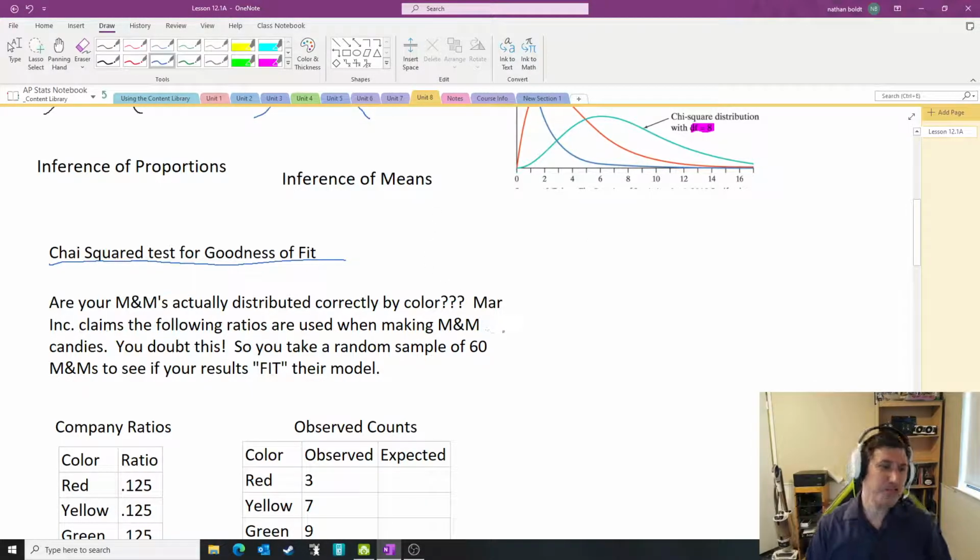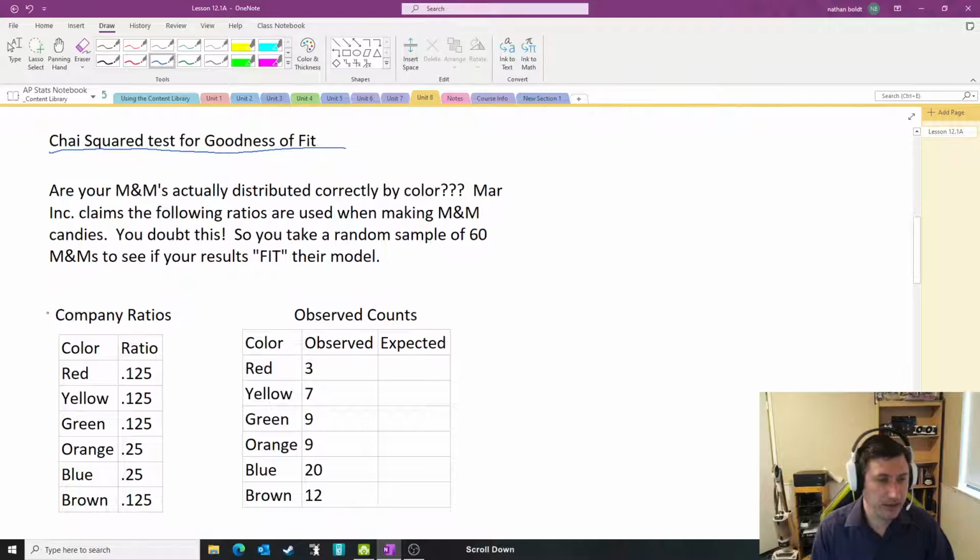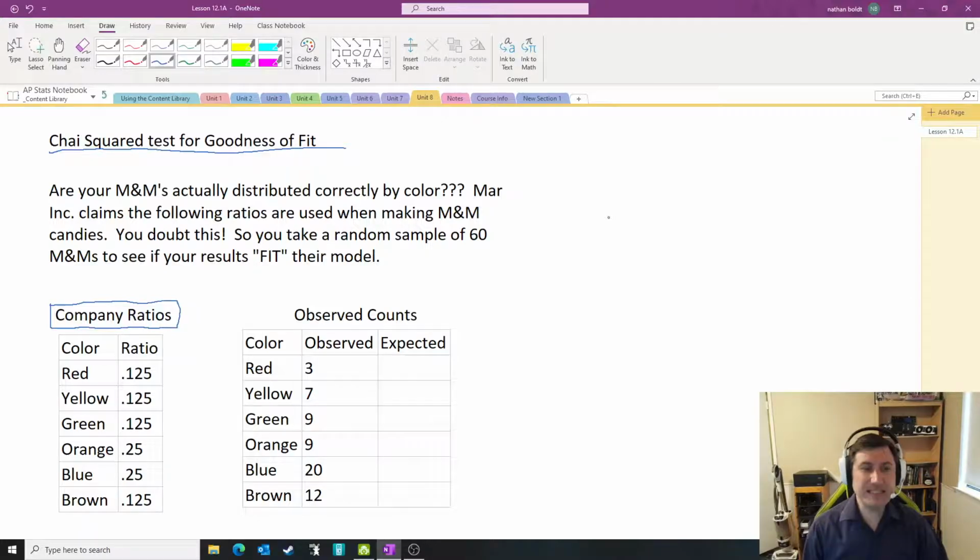So Mars Incorporated claims the following ratios are used when making M&M candies. It's right here. These are the ratios they claim they use when making M&Ms. You, of course, doubt this. Always doubt. You take a random sample of 60 M&Ms to see if your results fit their model. Now, we know our results won't be exactly the same as their model.